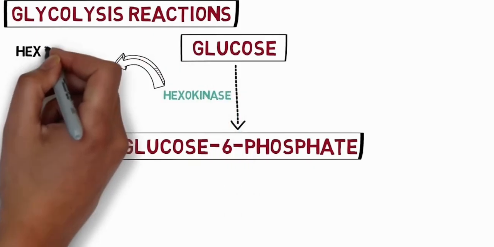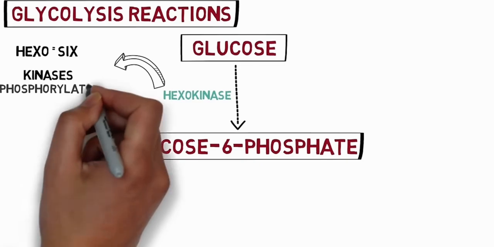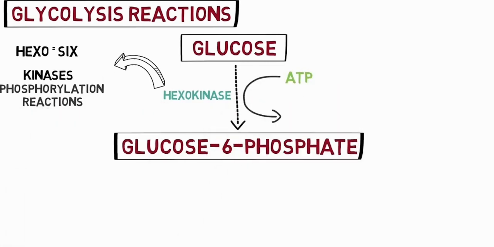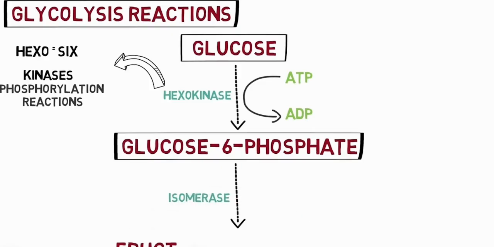The word hexo means 6, denoting the 6 carbon compound glucose, and kinases are a group of enzymes that catalyze phosphorylation reactions. So the enzyme hexokinase transfers a phosphate from ATP to glucose to convert it to glucose 6-phosphate. In the reaction, ATP is converted into ADP. Hence, it utilizes one molecule of ATP.